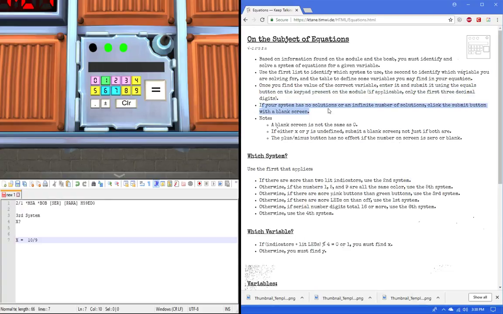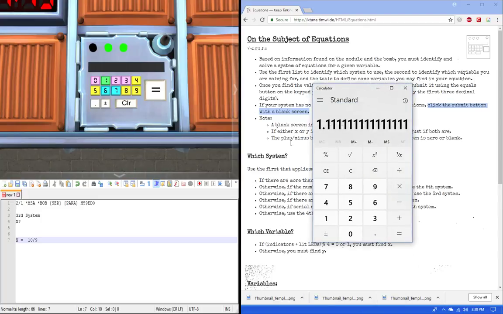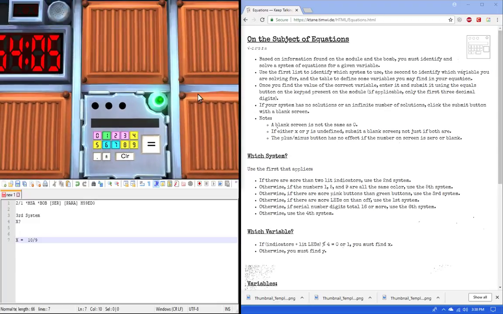And if your system has no solutions or an infinite number of solutions, you click the submit button with a blank screen. Since we've already got our solution, which is 1.111, we enter 1.111, and we press the equal sign. It's going to do some calculations, and that's a solved module.